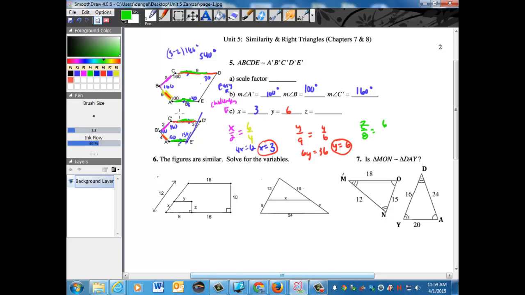And you can't see it, but 6 is right here. We found out that this length was 6. And then over 9. So 9z is equal to 48. And when I reduce that down, let's divide by 9, z equals 16 thirds.